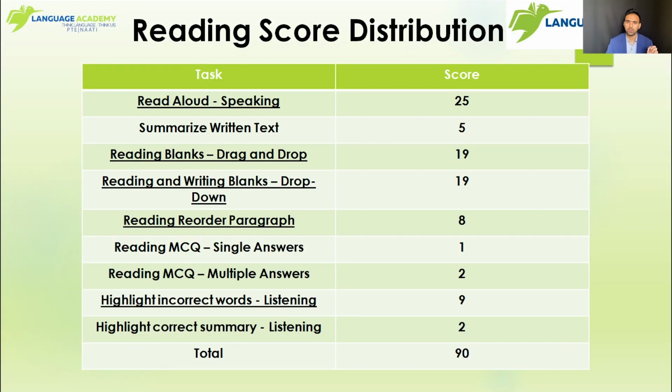Let's have a look at the second task, which is very, very important for your reading section: Summarize Written Text from your writing section. SWT, the very first task of your writing section, contributes towards your reading section as well. This is going to give you somewhere around 4 to 6 points in the reading section. I'll say it is important if you're aiming for 7 or 8. It is important for 6 as well, because Summarize Written Text is one of the tasks where it is very easy to score points.